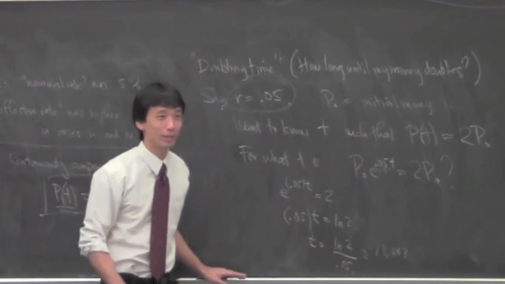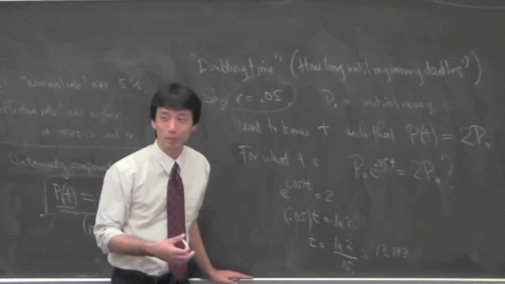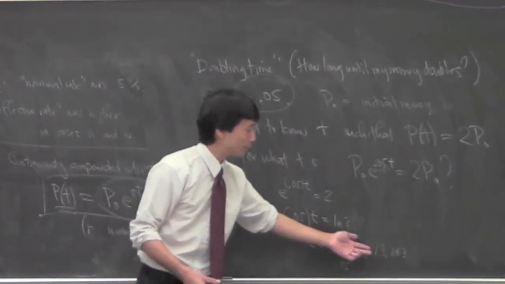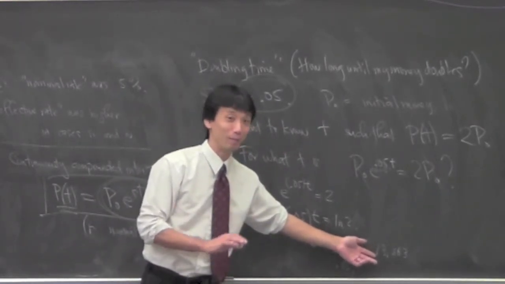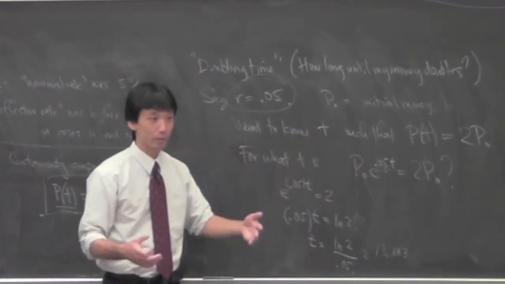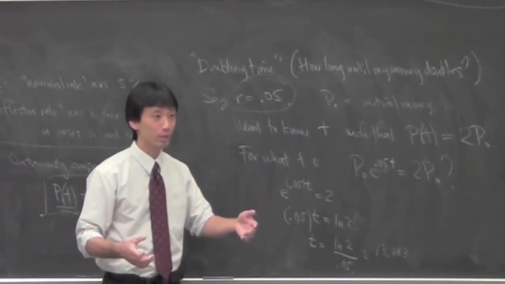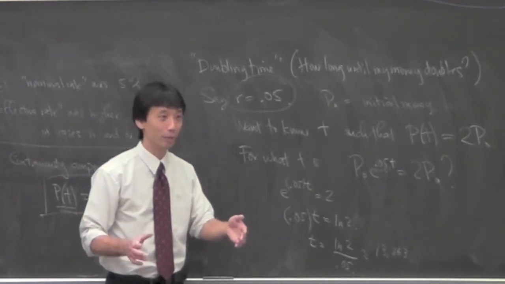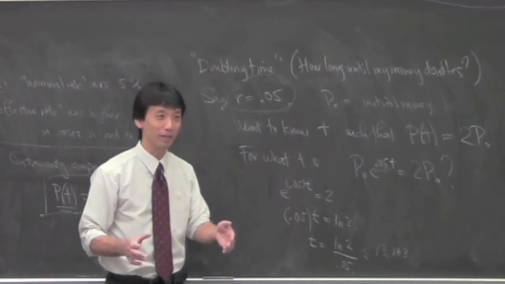So this actually goes to the point of don't go to graduate school, because if you go to graduate school, who knows, maybe it takes you 14 years. Suppose you spend 14 years in graduate school. That means you missed out entirely on one doubling cycle. In other words, your money will be half of what it could have been.